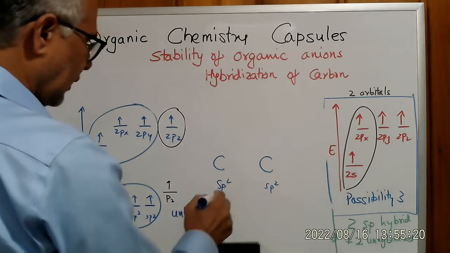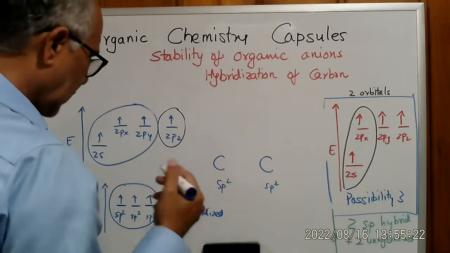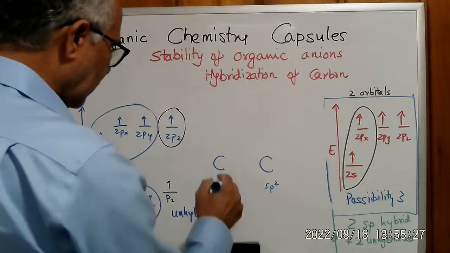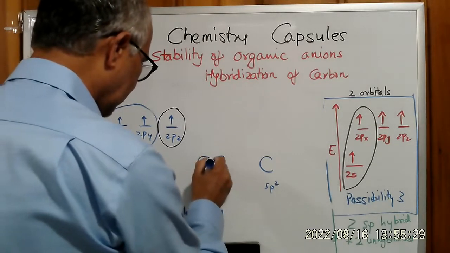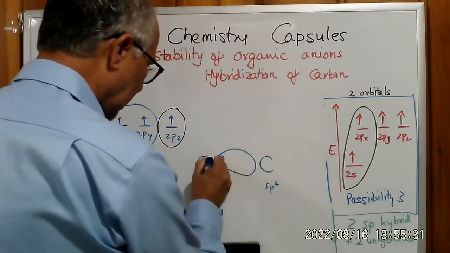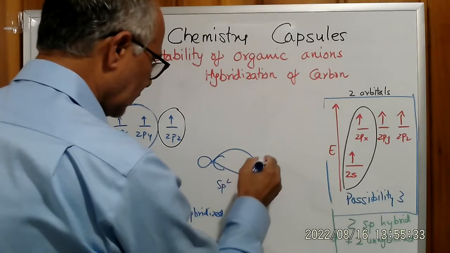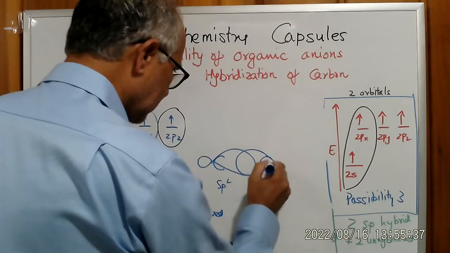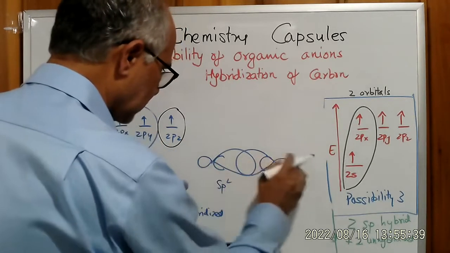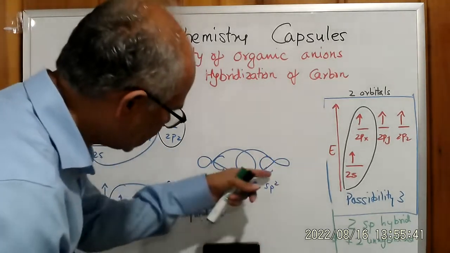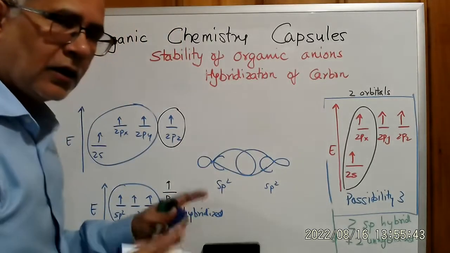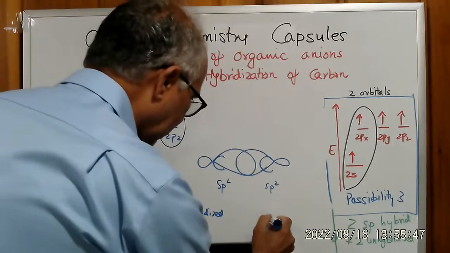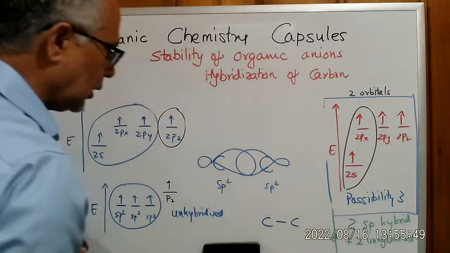Anyway, let's start with the hybridized orbitals because they are lower in energy. This carbon has this hybridized sp2 orbital, and this carbon also utilizes its hybridized sp2 orbital. Those are the two lobes. So these two carbons are forming a single bond initially. So you get the carbon-carbon single bond.